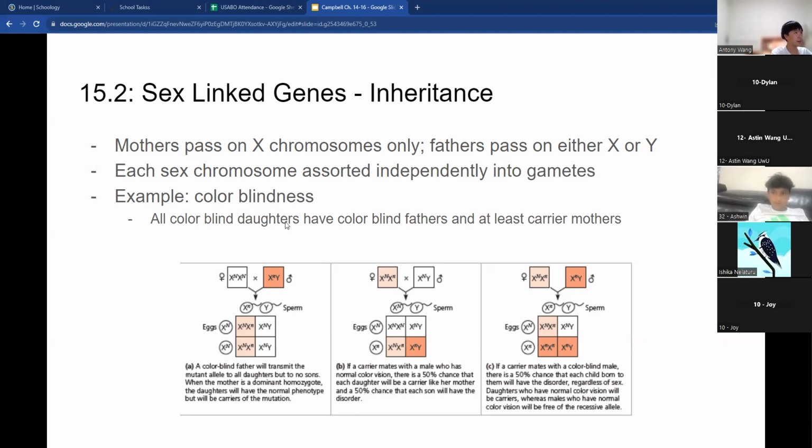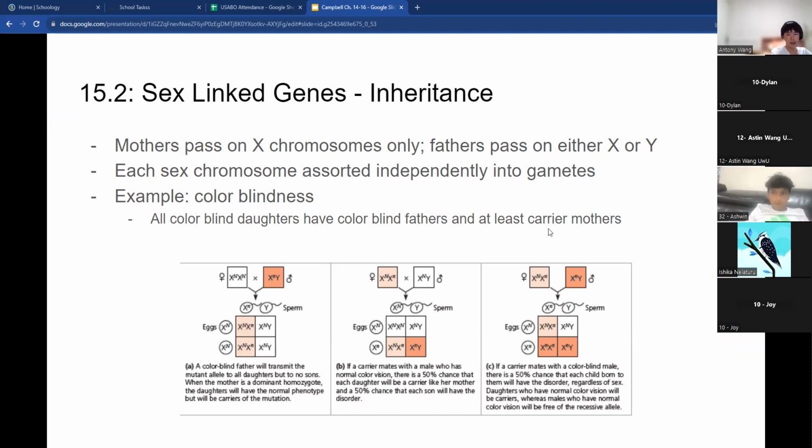Color blindness. This is an example of an X-linked recessive disorder. Color blindness is X-linked recessive, which means that if a daughter has color blindness, she must have 2 recessive alleles. Moreover, the daughter will get one X allele from her mom and one from her dad. Because her dad only has 1 X chromosome, and that X chromosome must be recessive, the dad must be colorblind.